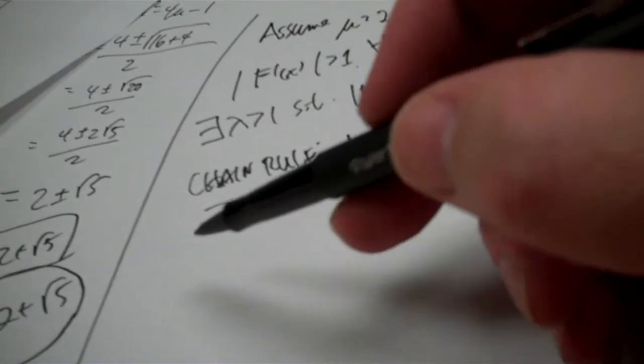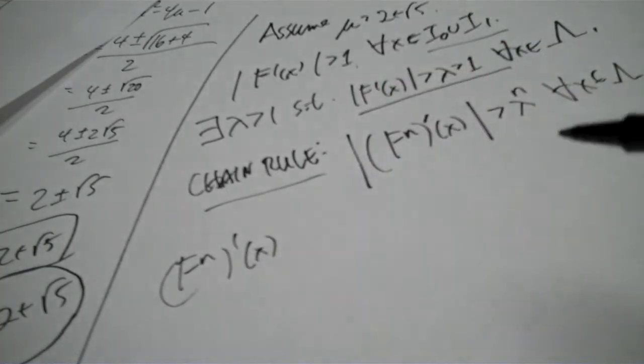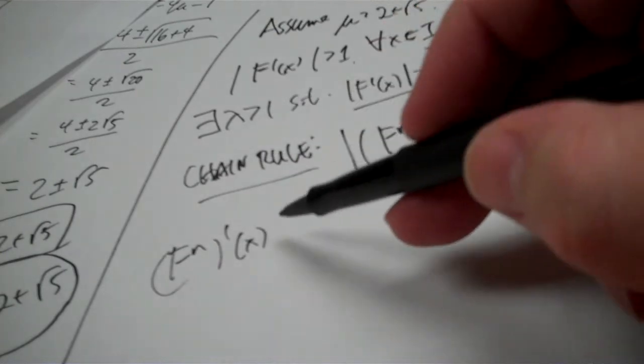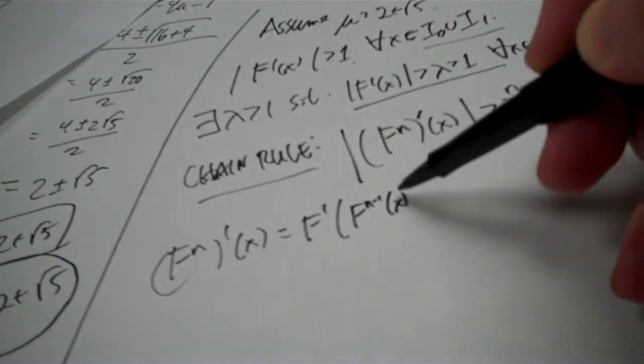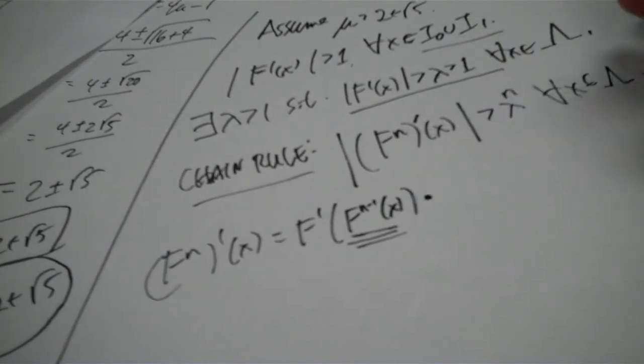To analyze the derivative of the nth iterate, well, that's f prime with the rest of them still inside, times the derivative of the insides.